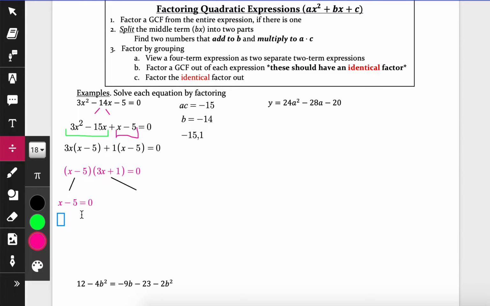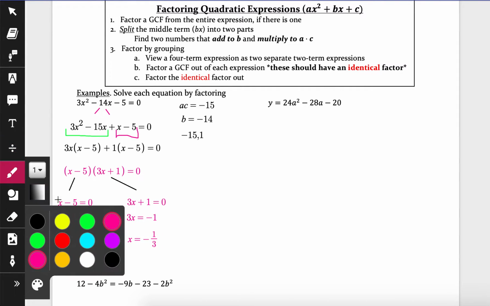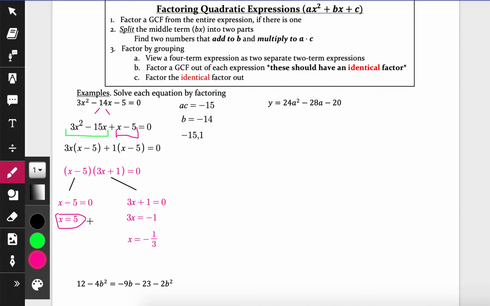I'm going to add 5 to both sides and get our first solution, x equals 5. 3x plus 1 equals 0. I'm going to subtract 1 on both sides to get 3x equals negative 1. And I'm going to divide both sides by 3 to get x equals negative 1/3. These are our two solutions.